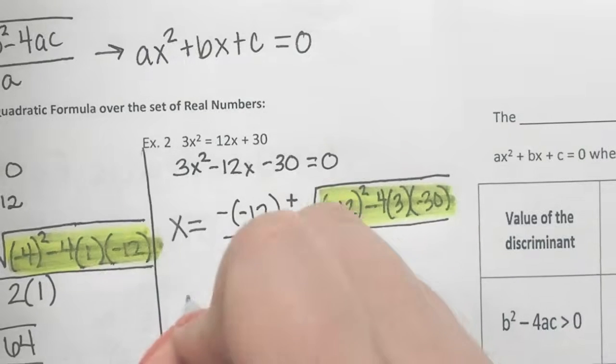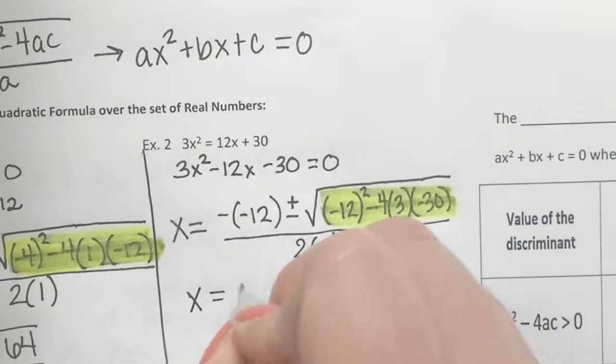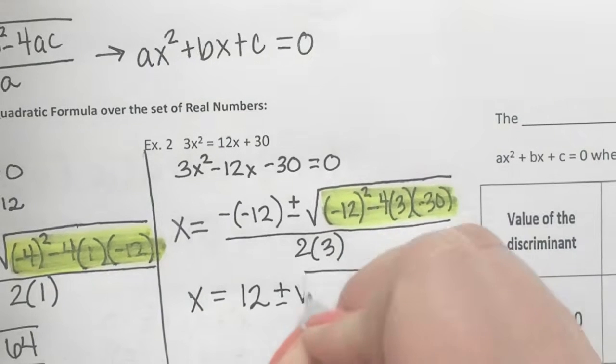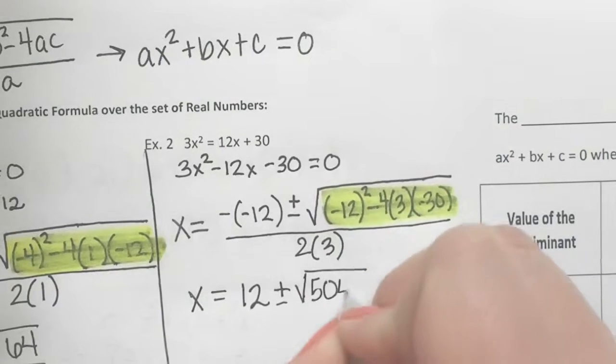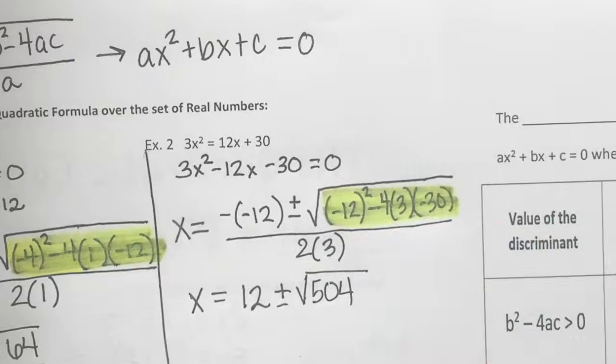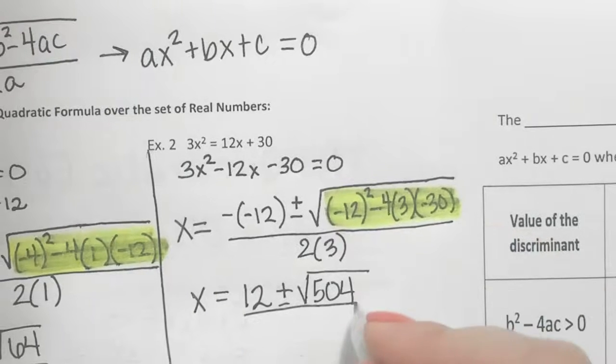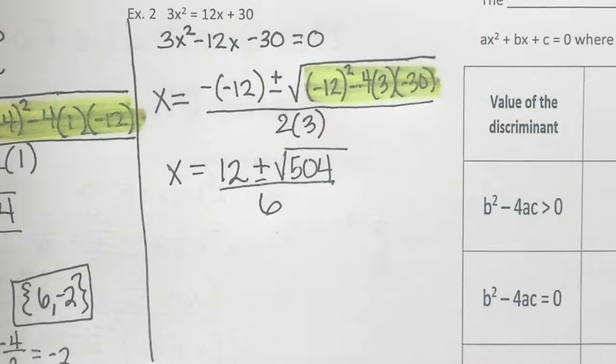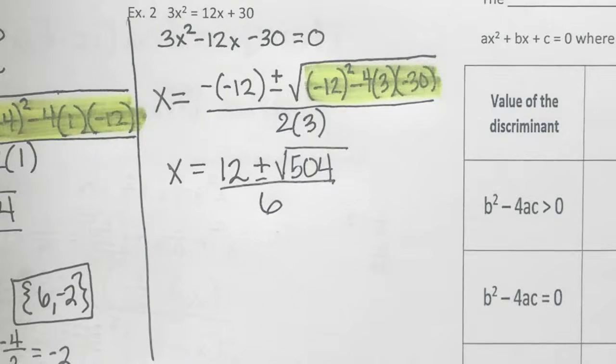All right. So x equals positive 12 plus or minus the square root of 504 all over 6. Okay. Now I get the number 504. I don't know. Is that a perfect square?